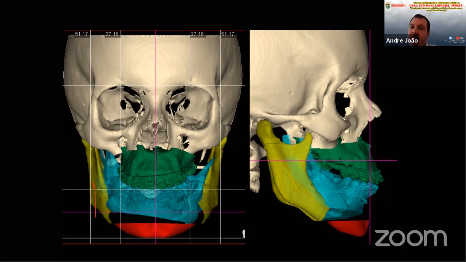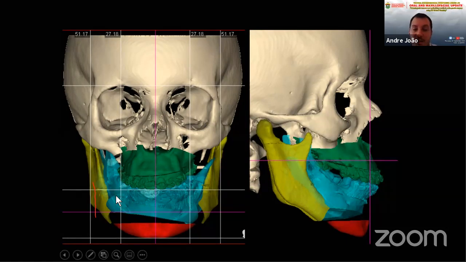Probably if I was working with a traditional orthodontic surgery plan, I would place my teeth in the position that I want. I would put them in occlusion. I would say the occlusion would be stable, as we saw in the plaster model, in the 3D model. And I would take this to surgery. And during the surgery, I would probably try to put the mandible in this position.